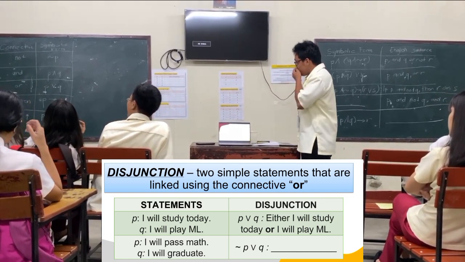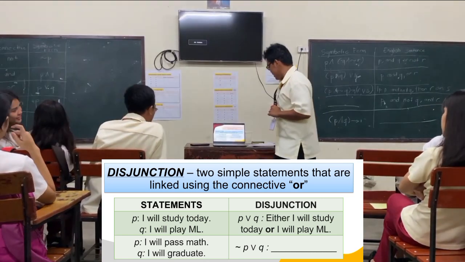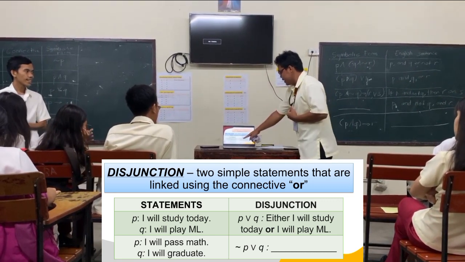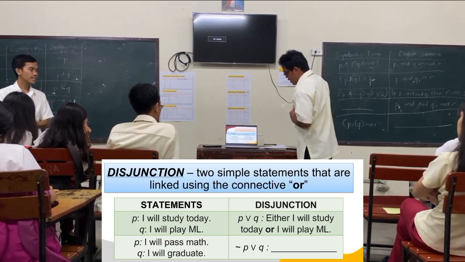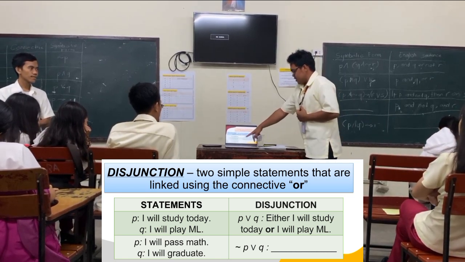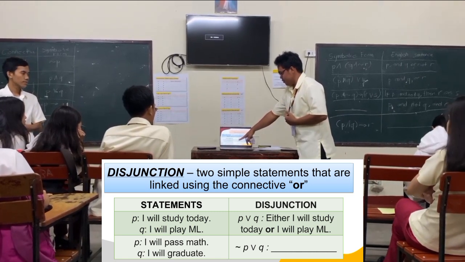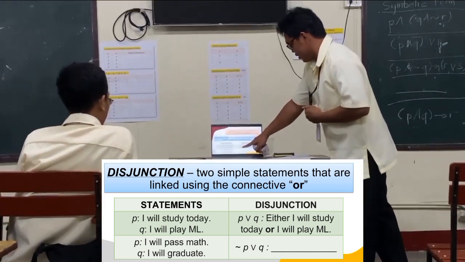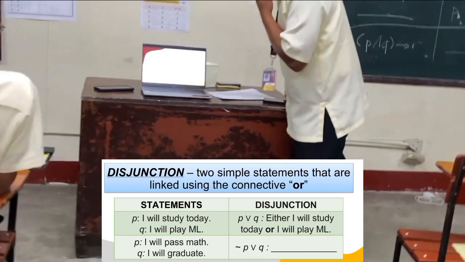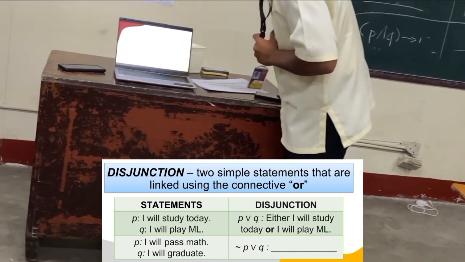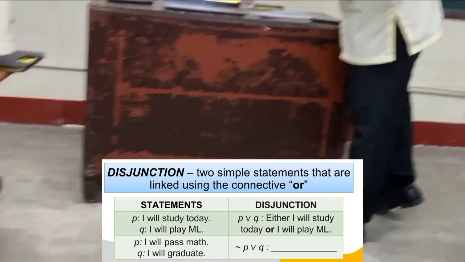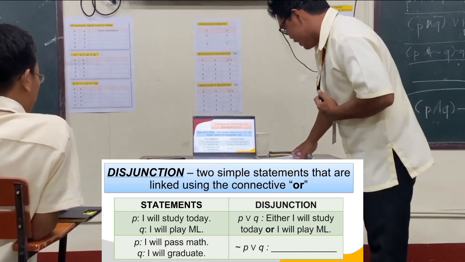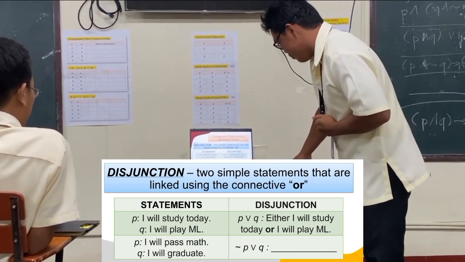The symbolic form: in conjunction we have the inverted V, while in disjunction it is the normal V, P or Q. P represents I will study today and Q represents I will play ML. In a disjunction statement: either I will study today or I will play ML.